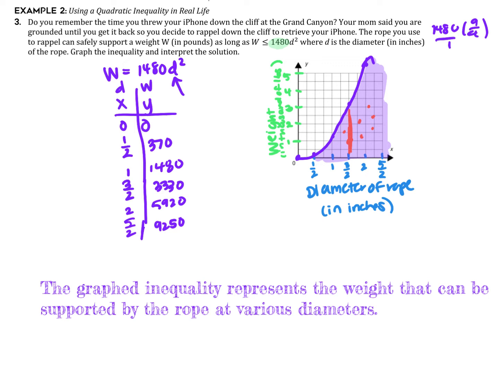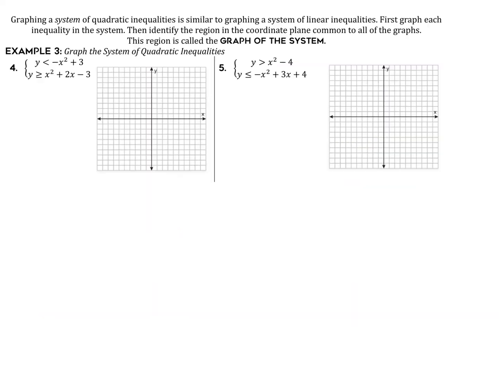Now that we've looked at a problem in context, let's go ahead and take this a step further and talk about what we talked about in 3.5. What happens if we have more than one function at the same time? Graphing a system of quadratic inequalities is going to be really similar to how we graphed a system of quadratics and how we graphed linear inequalities back in Algebra 1.